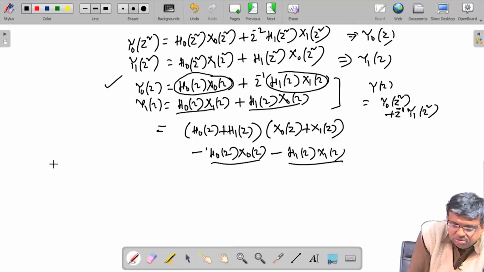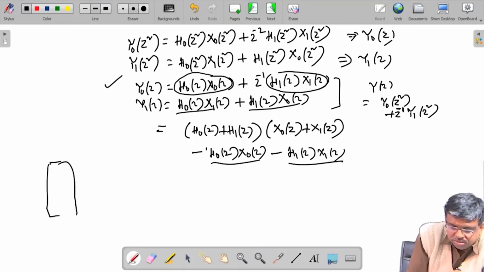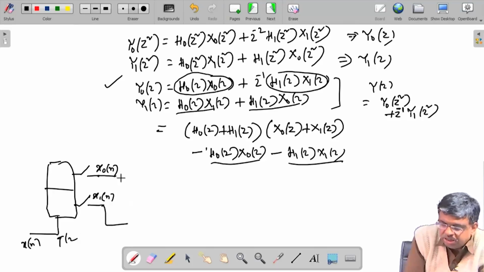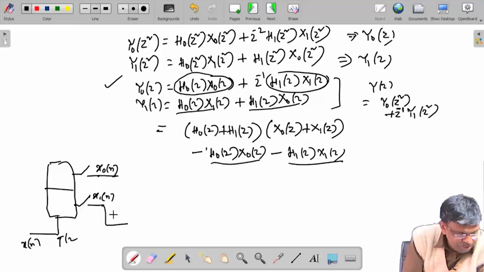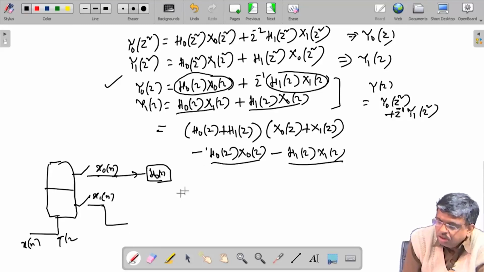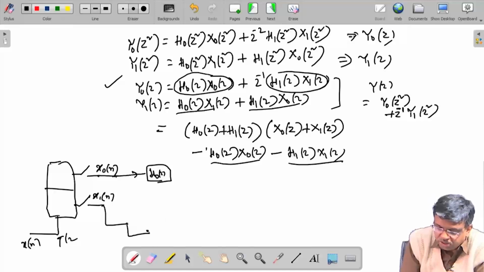So as before I have a buffer. We have already seen this gives rise to x 0 n, the polyphase component of order 0, right. It is coming at T by 2, where T is the clock period of the system. I need to have h 0 z x 0 z, so let it go to h 0. I need to have h 1 x 1, so let it go to h 1.